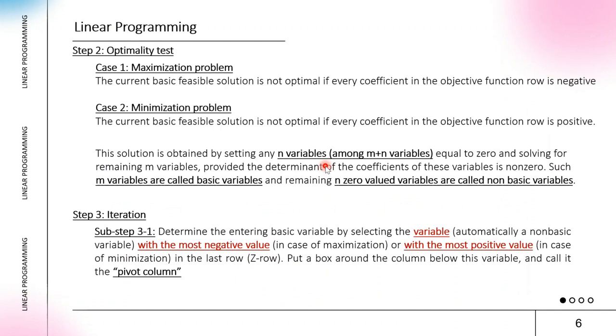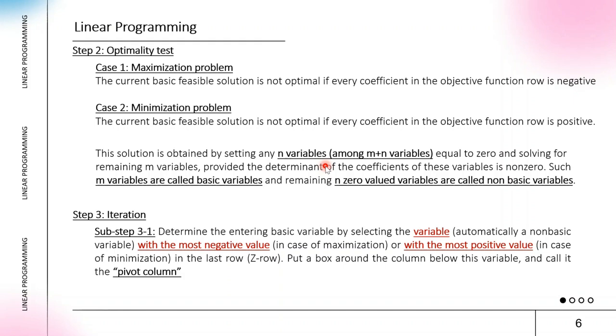Step 2 describes the optimality test, which helps us to determine whether to continue iterating. In the maximization form of the optimization problem, if every coefficient in the bottom row or objective row of the table is non-negative, the current solution is optimal.